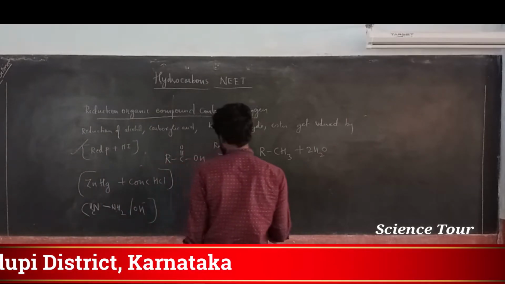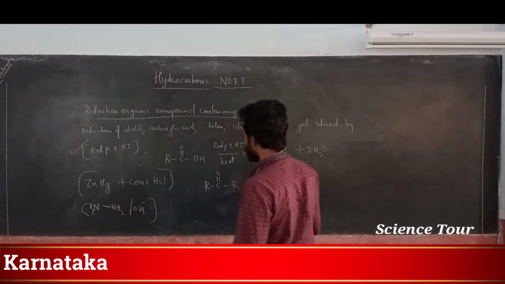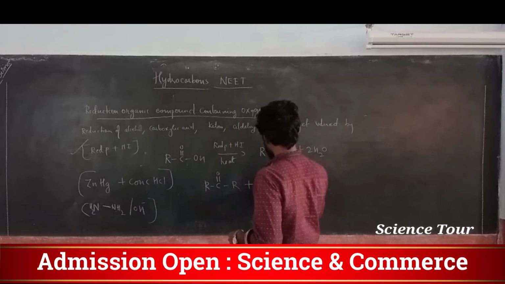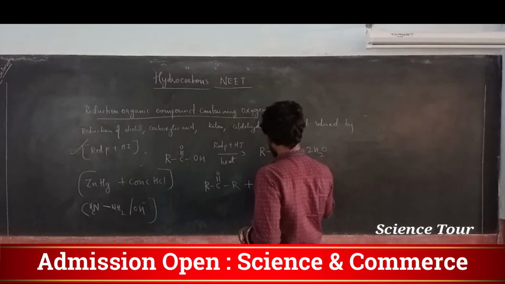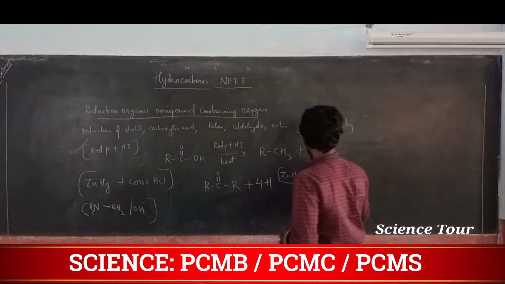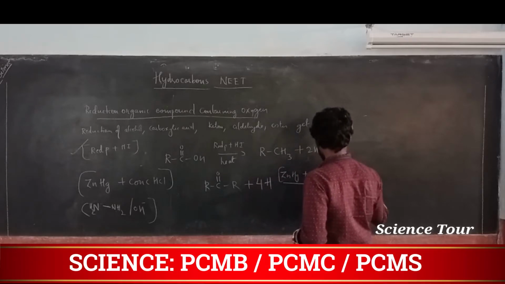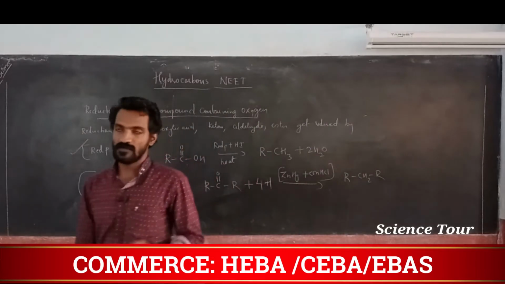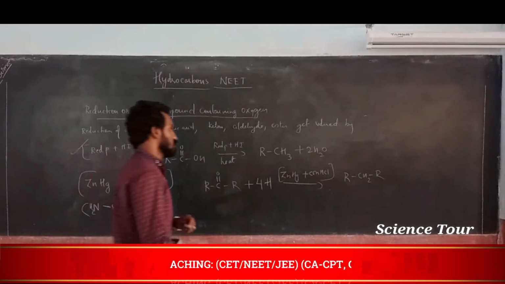Reduction means adding hydrogen. From where you are adding hydrogen? In the presence of zinc mercury, concentrated HCl, it gives, my dear students, RCH2R plus water.